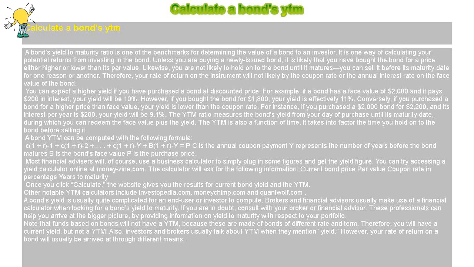The YTM ratio measures the bond's yield from your day of purchase until its maturity date, during which you can redeem the face value plus the yield.